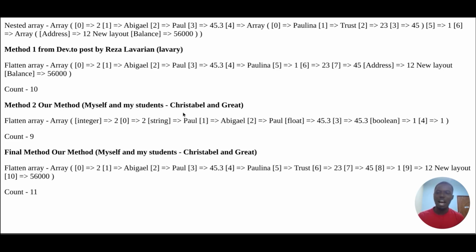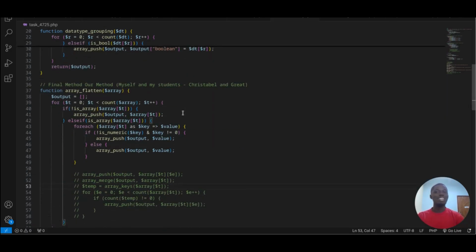Now we wrote our function, which was the last method. You can see that we tried a lot of things. This is not to show you how I did it, or to code it afresh, but just to tell you that if you encounter a problem in programming, you have to be patient.